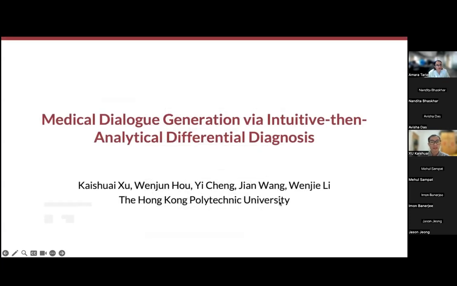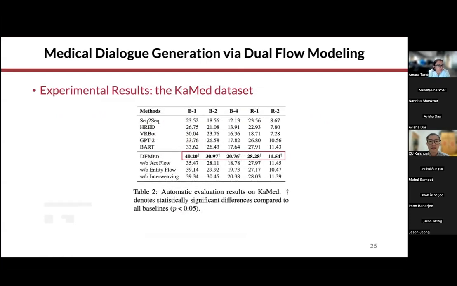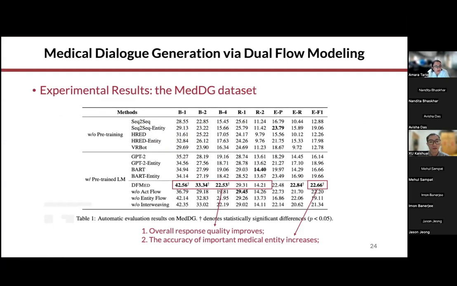Hi, Kaishuai, I have a question here. The types of entities, diagnosis, prescription, how did you decide what types of entities you would include? Are you using some ontology to figure out what is an entity and what's not an entity?